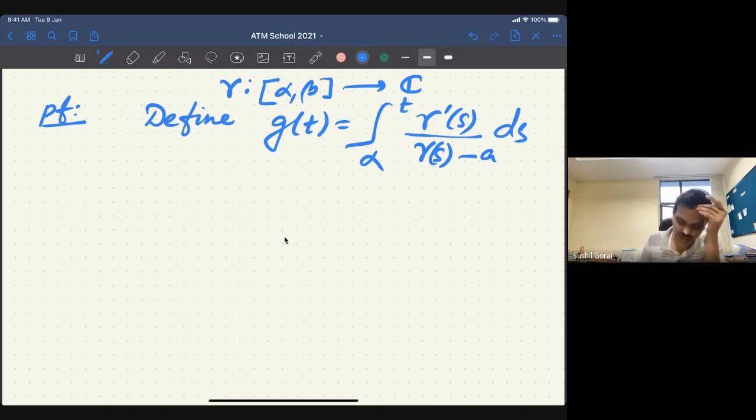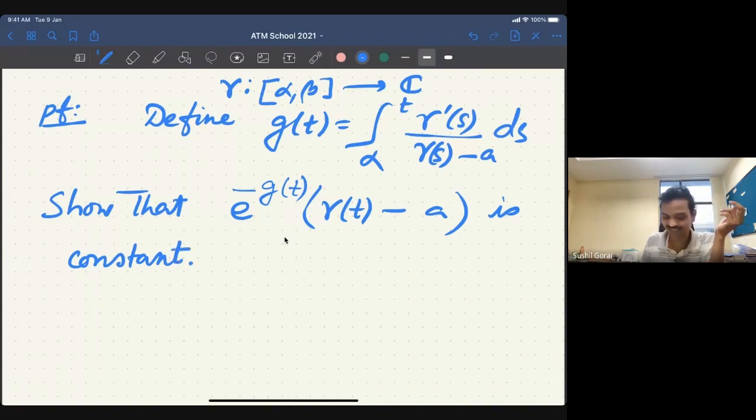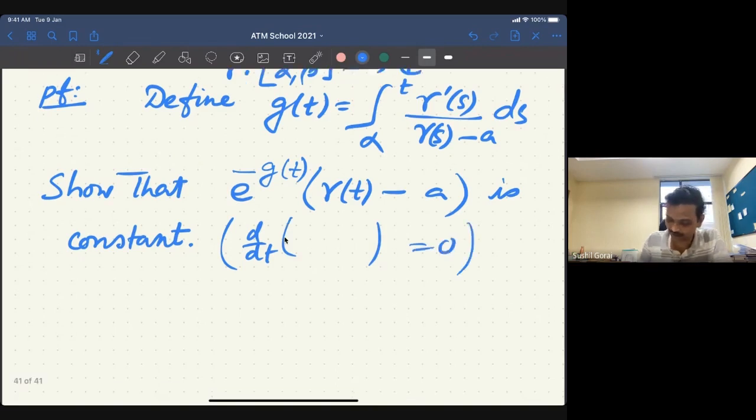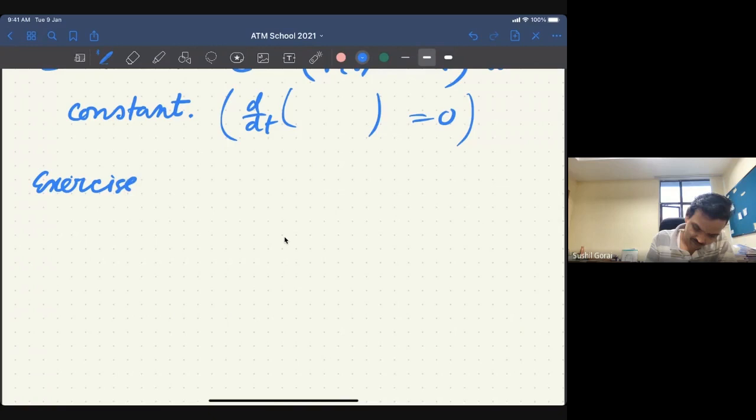Actually, you will show that e to the power minus g(t) times gamma t minus a is constant. Which means the derivative is 0, which means d/dt of the whole thing is 0. So this is an exercise. Then the exponential property will give you this. So complete the proof as an exercise.